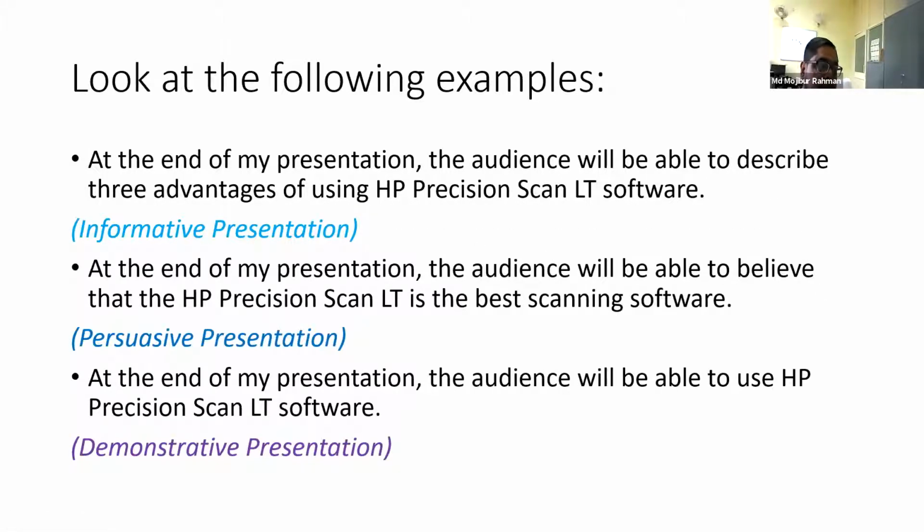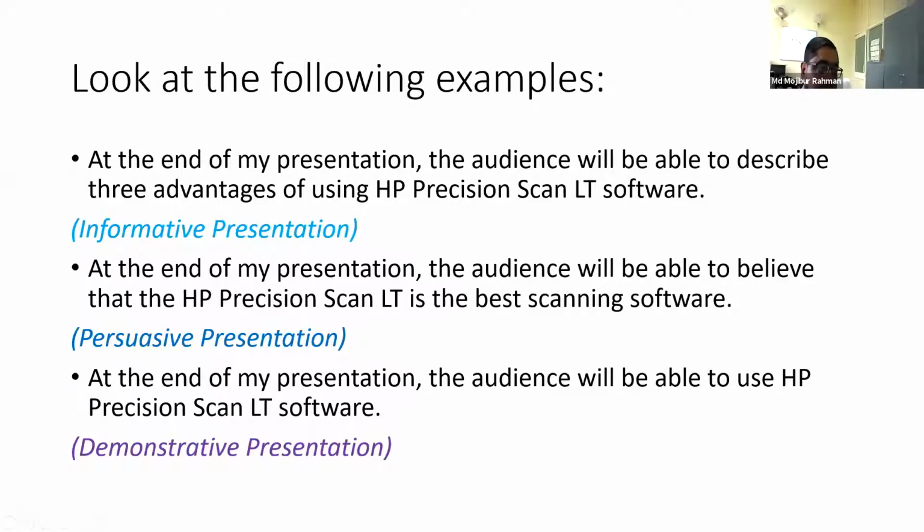Now, you can see these 3 examples. At the end of my presentation, the audience will be able to describe 3 advantages of using HP Precision Scan LT software. That means this is basically an information kind of thing.